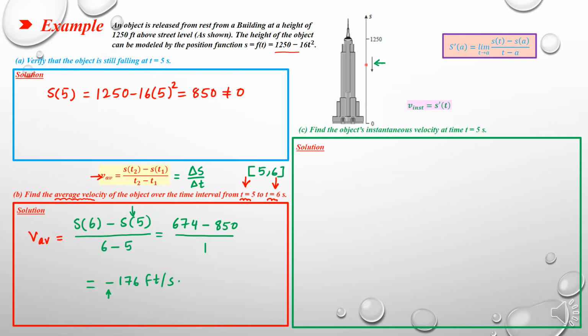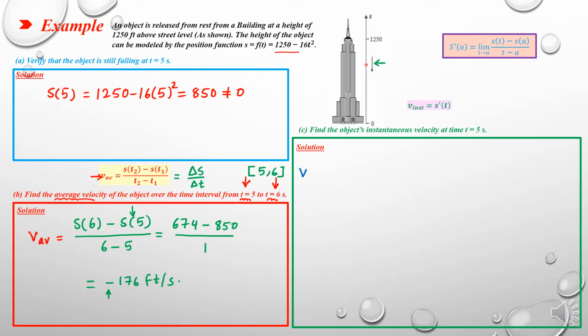In part C, you have to find the instantaneous velocity, which is v instantaneous, and it is equal to the first derivative of the position function. So you have to use the definition of derivative to find s prime.